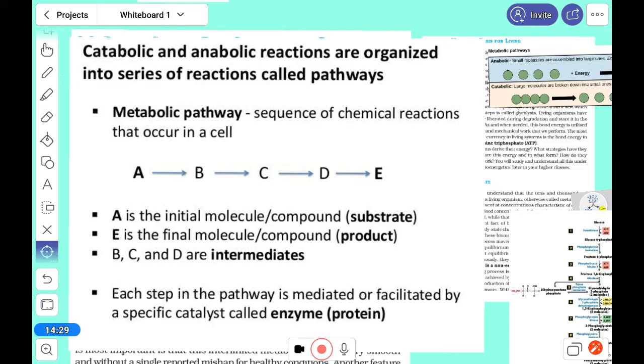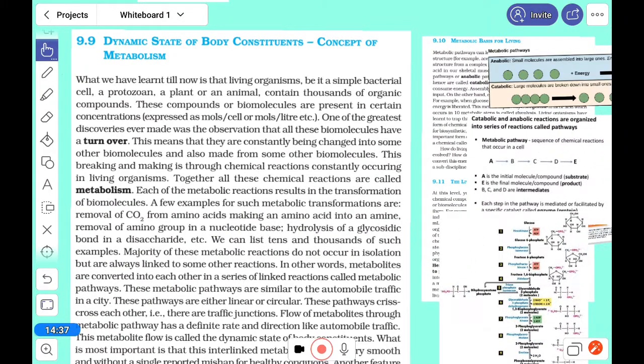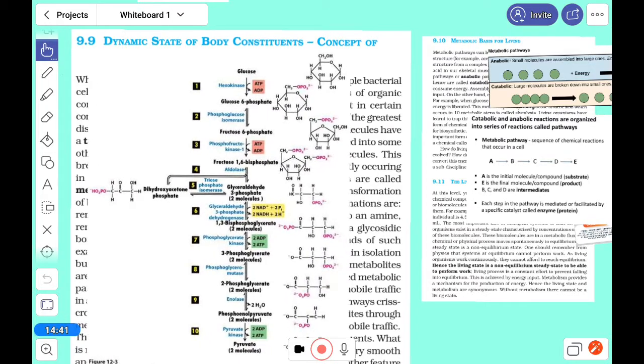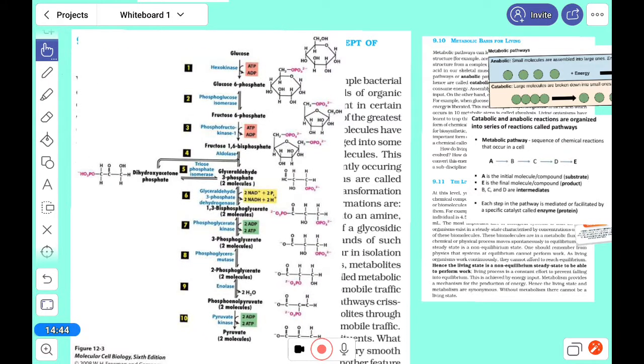If we leave this A, B, C, and look at one real reaction, you can understand it here: glycolysis, which is in your syllabus. See the breakdown of glucose. If you consider this the initial product, A, after that come many intermediates: glucose 6 phosphate, fructose 6 phosphate, fructose 1,6 bisphosphate, glycerol 3 phosphate.